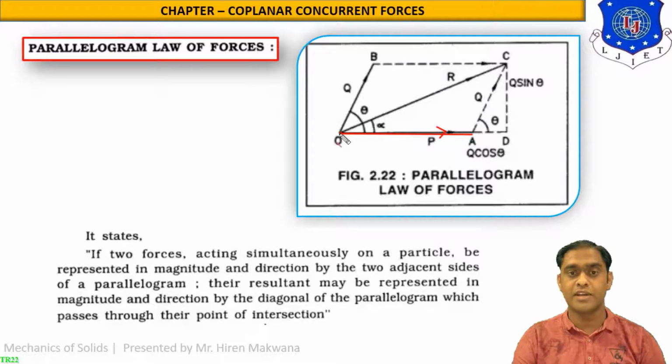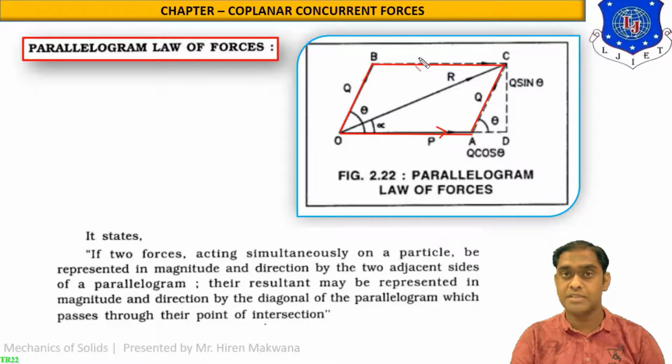You can see from the figure that O, B, C and again A. OBCA is the parallelogram. So P, as you can remember, the property of the parallelogram is that opposite sides are equal and parallel. So this force is also P. On the other side, means on side OB, the force is Q.